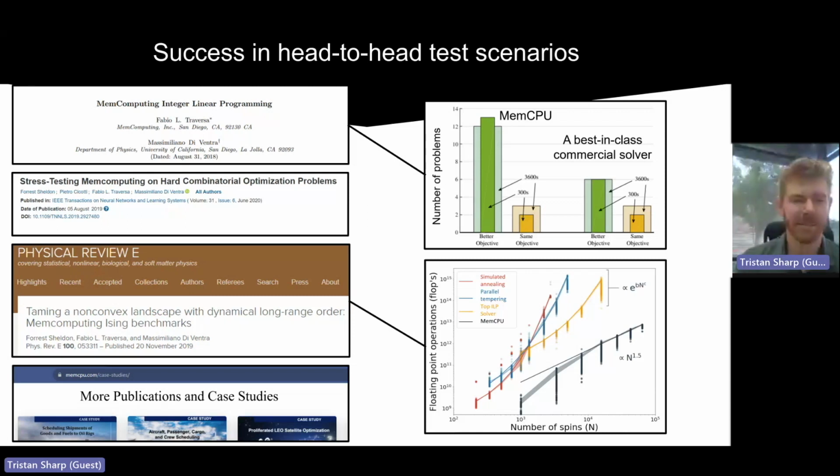And this black line from the MIM computing architecture was not only getting lower time, but also increasing with the size more slowly, which is a nice feature. So I won't spend this talk going over all the results, but there are plenty of references for this.